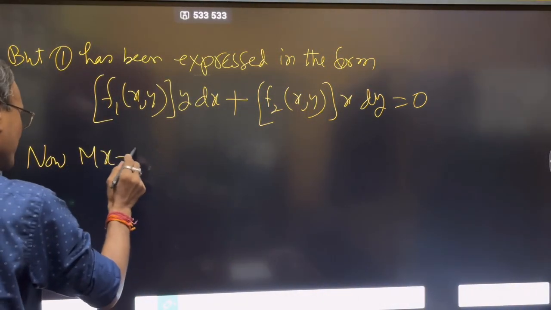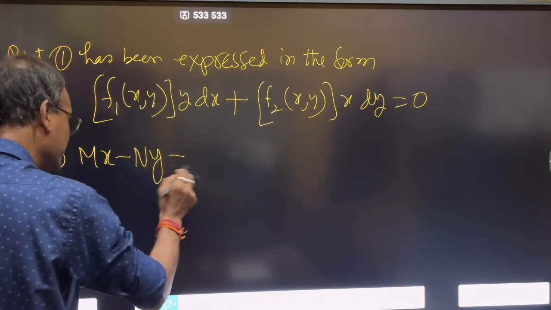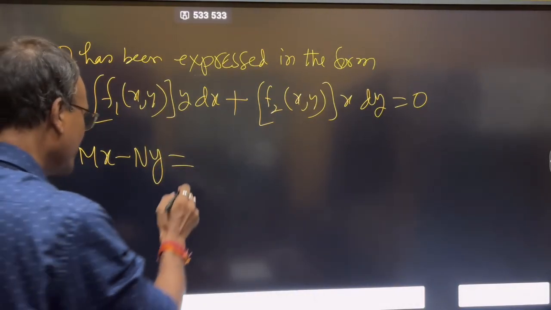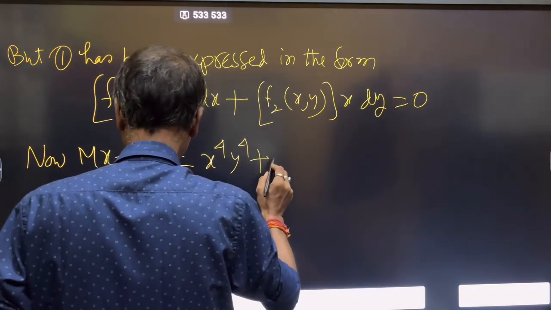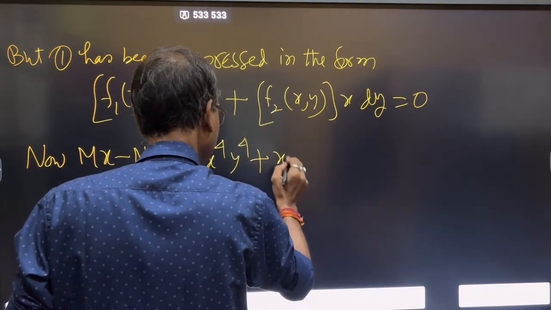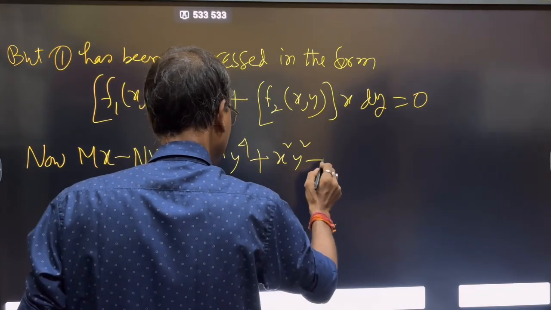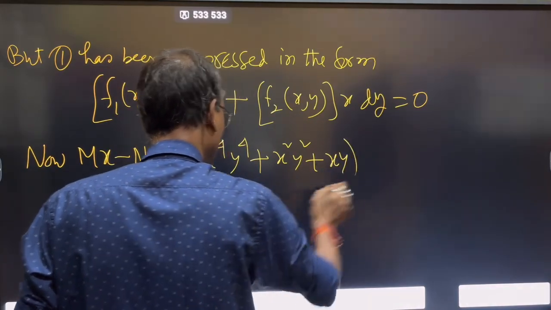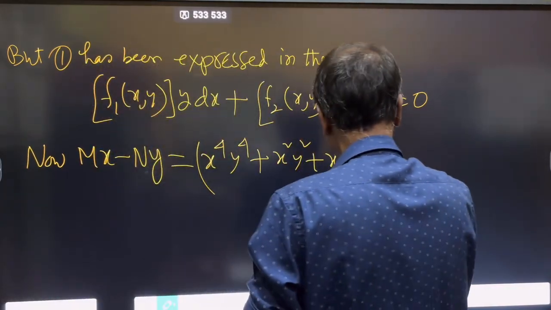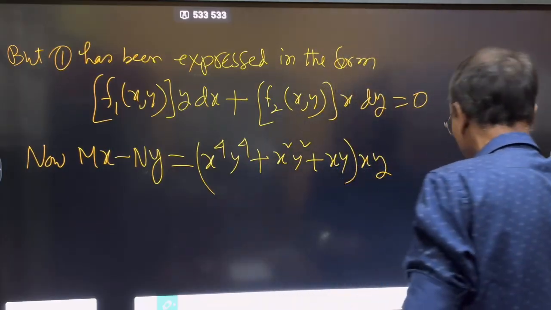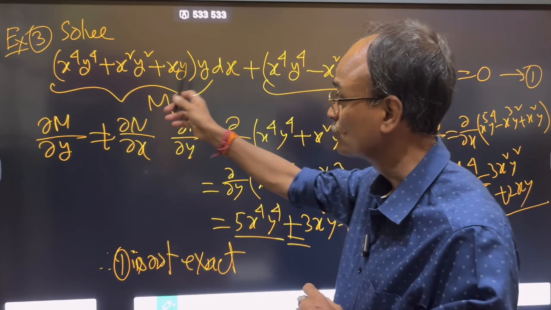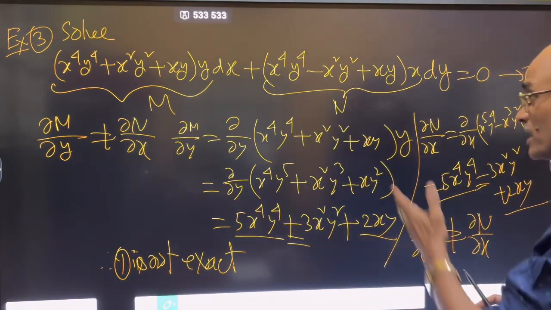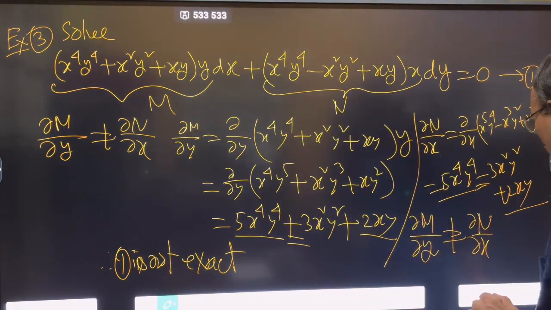Now Mx minus Ny is equal to, what is M? M is x to the power 4 y to the power 4 plus x square y square plus xy, into xy. You see here, x to the power 4 y to the power 4 plus x square y square plus xy, y are already multiplied by x.